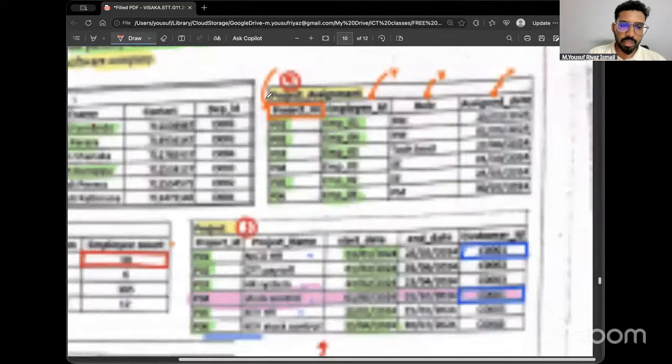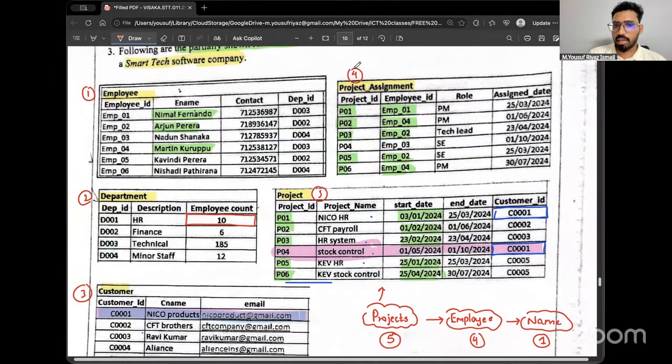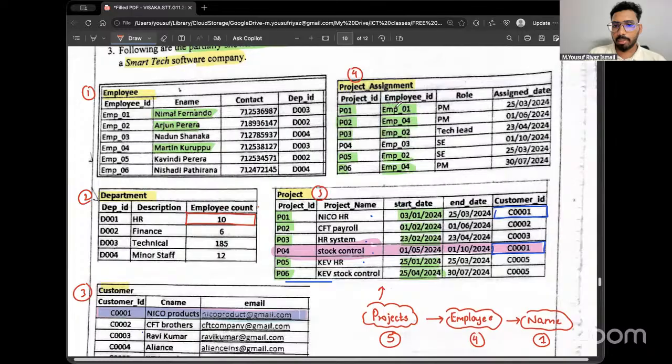I told you in the beginning itself, when I was explaining each table, that even though in the given table only one employee is assigned to every project, practically speaking, in real companies, will there be multiple people assigned to a project?